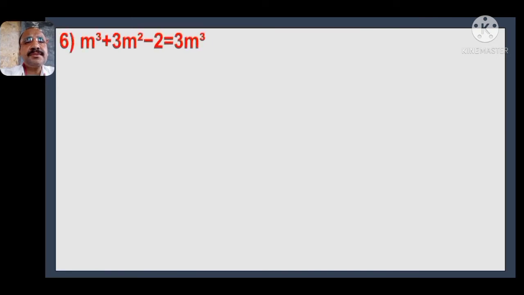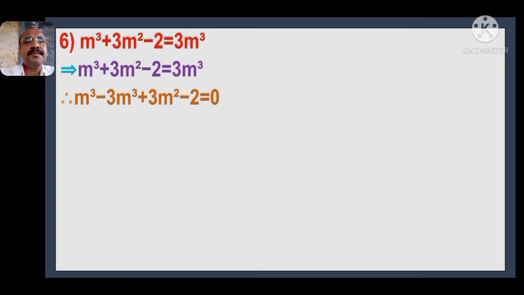Now, next one, m cube plus 3m square minus 2 is equal to 3m cube. We rearrange this, then we get m cube minus 3m cube plus 3m square minus 2 is equal to 0.